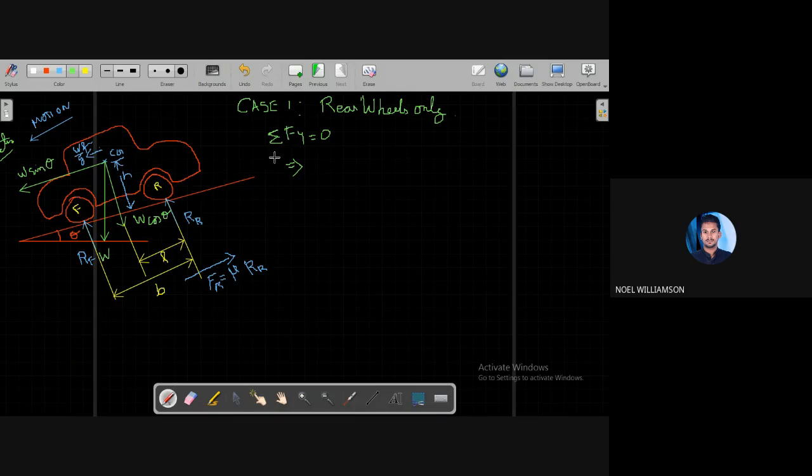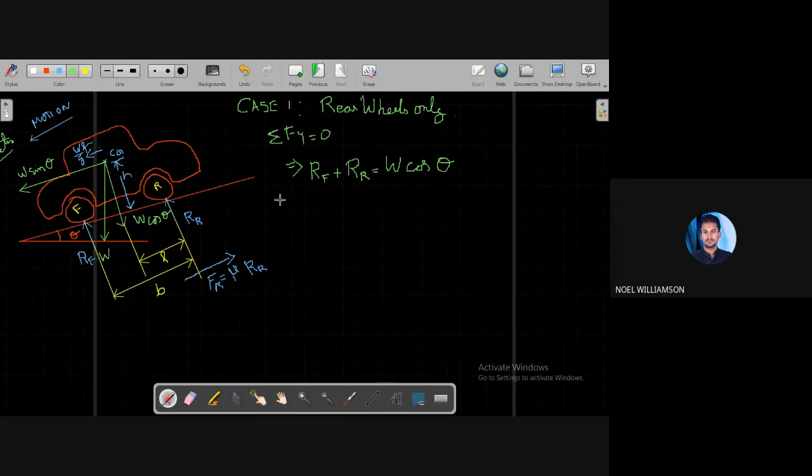Then sigma Fy equal to 0 implies Rf plus Rr equal to W cos theta.